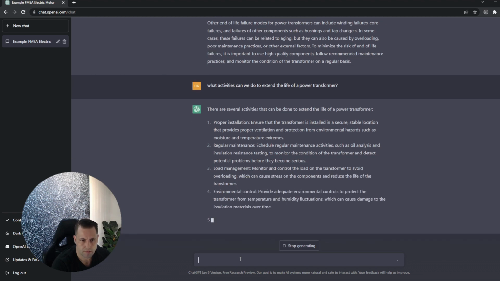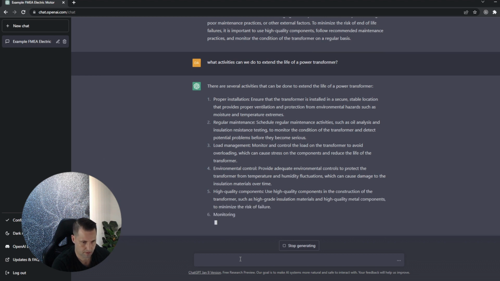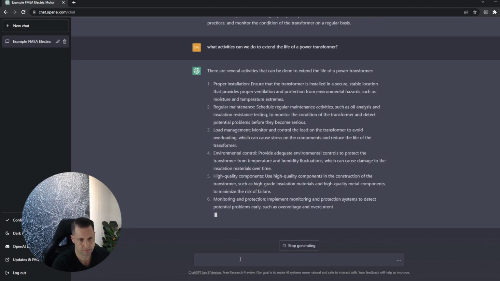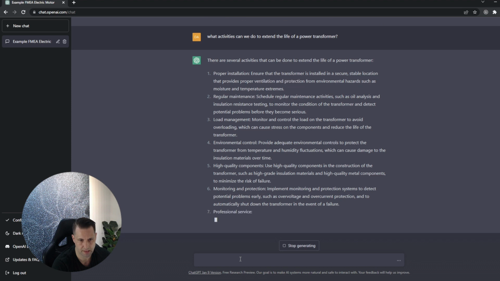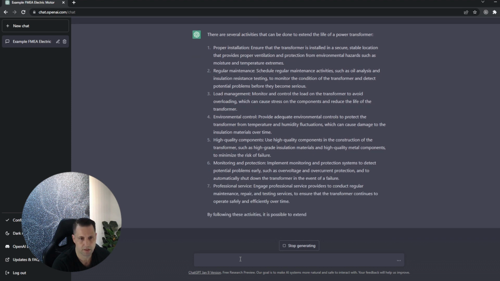So proper installation, regular maintenance, load management, okay, high quality components. I mean, most of these things are pretty obvious, but it's good that it spells it all out for you.